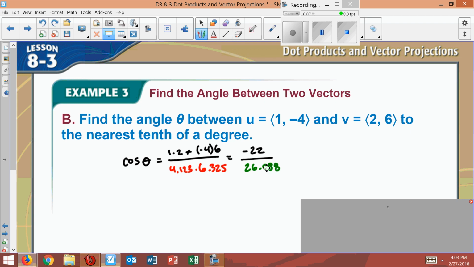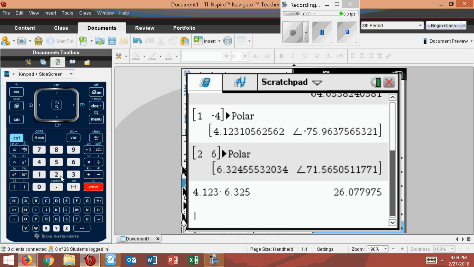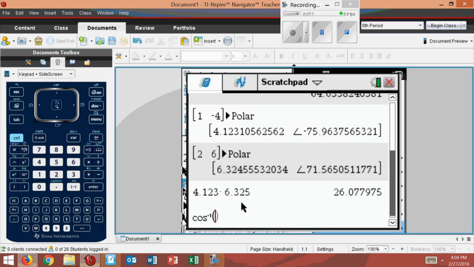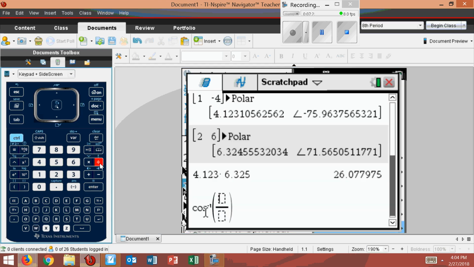So again, if I wanted theta, I would just do the inverse of this. Let's see what the calculator says. Goes inverse cosine of -22 over, I'll just take this value, 26.077975.